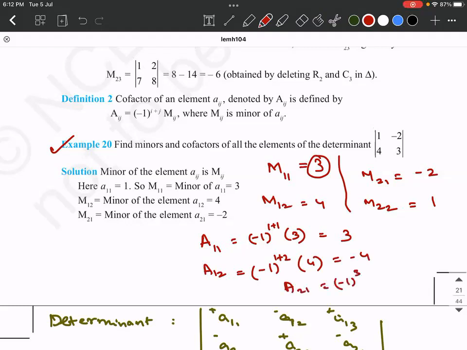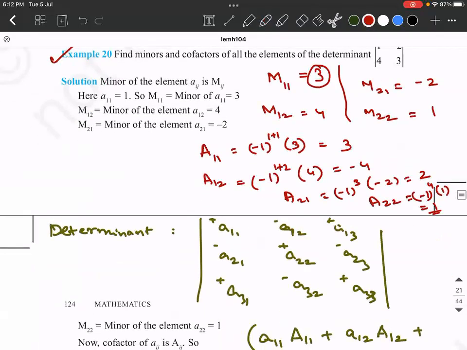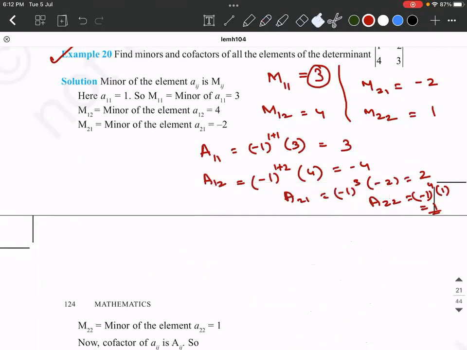Minus 1 power 3 into minus 2, it is 2. And A22 is minus 1 power 4 into 1, which is 1. Is it right? Okay.